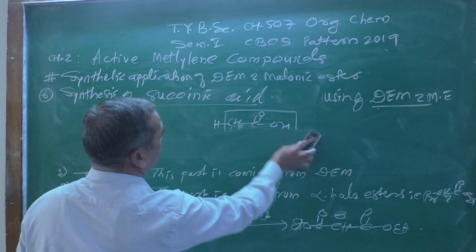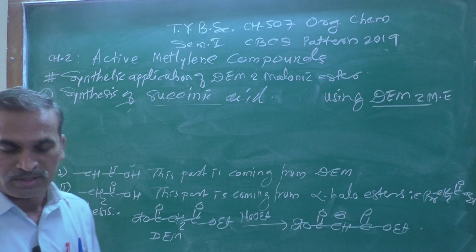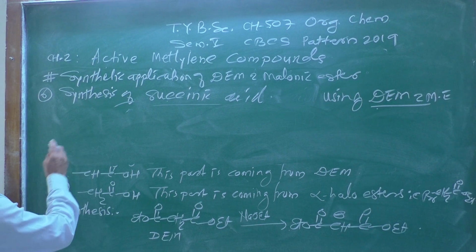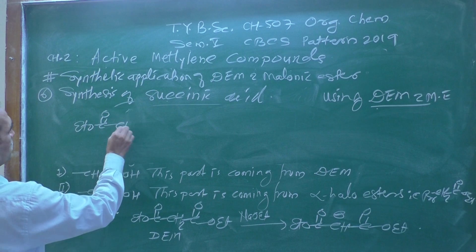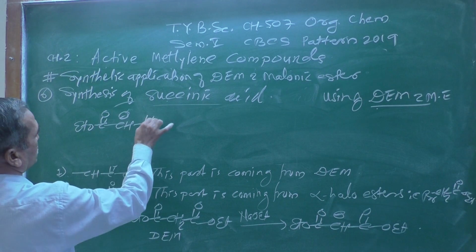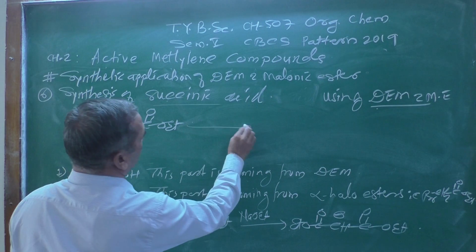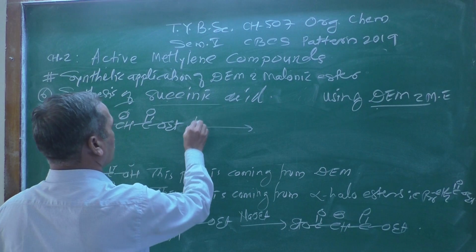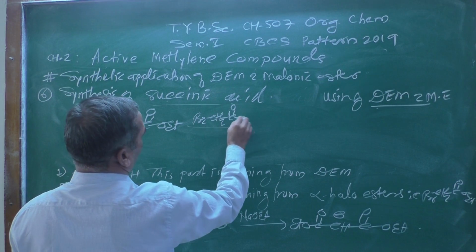Now again I am cleaning the board over here so that you can see the neat reaction representation. Here EtO, C double bond O, CH minus, then C double bond O, OEt. It will be treated with alpha haloester, that is Br, CH2, C double bond O, OEt.